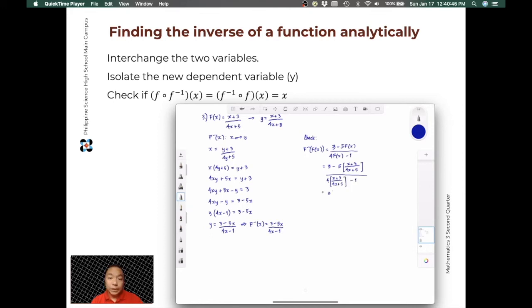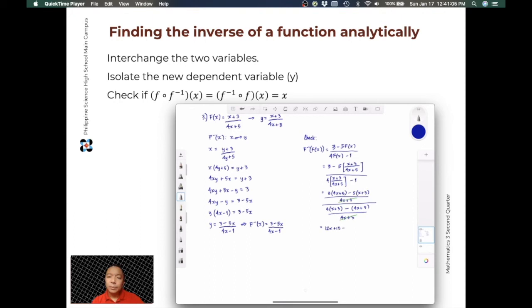We multiply 4x plus 5 dun sa mga constants. We have 3 times 4x plus 5 minus 5 times x plus 3 all over 4x plus 5, all over 4 times x plus 3 minus 1 times 4x plus 5 all over 4x plus 5. Again, cancel, see 4x plus 5. Then we distribute.